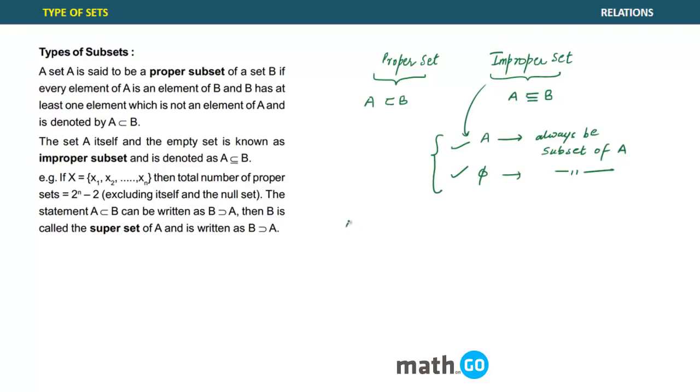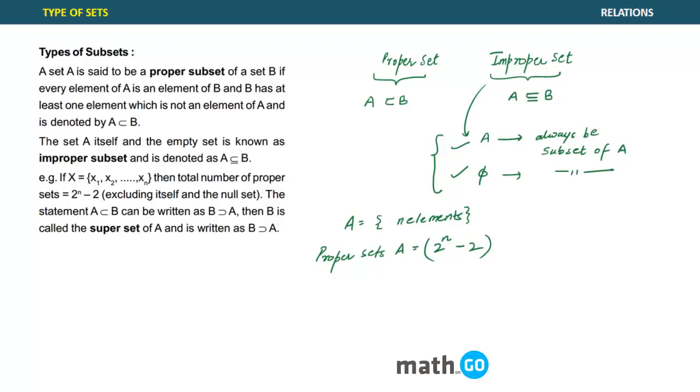So if I take A which has n elements, right, the proper subsets of this set A would be what? The total was 2 raised to power n, minus these two, because they are anyway always there, right? So this is called the number of proper subsets. You will have to exclude the set itself and the null set to find the number of proper subsets.